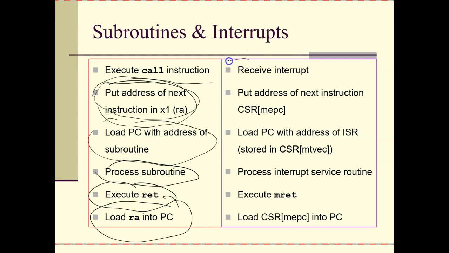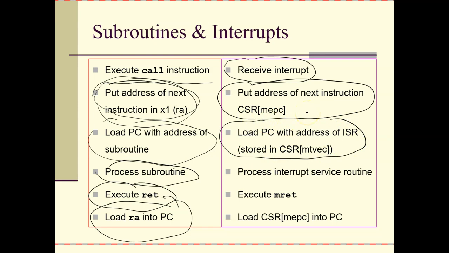With interrupts, it's the same thing. I get an interrupt. What I'm going to do is some operation here, which is essentially saving the return address, knowing where to come back to. This is going to be the instruction after the instruction that was executed when I got the interrupt. I'm also going to load the program counter with the address of that special subroutine, which we call the interrupt service routine.